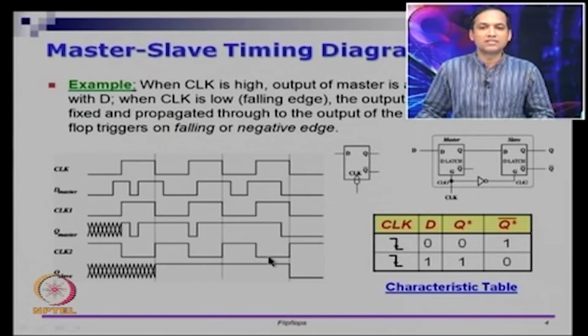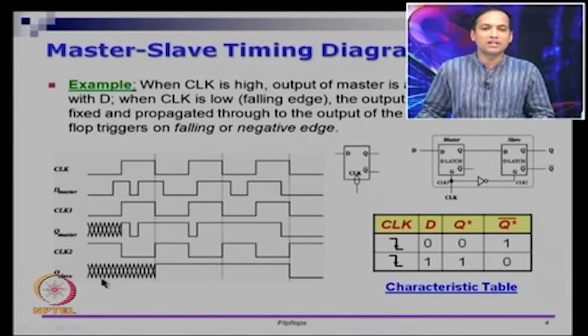When the slave latch is disabled, whatever value was there in the slave before the clock went off is continued. So, it was at 1 just before CLK2 went off, so it will continue in that value. Finally, again at this point CLK2 comes back on. At this point Q master is 0, so you copy Q master to Q slave.